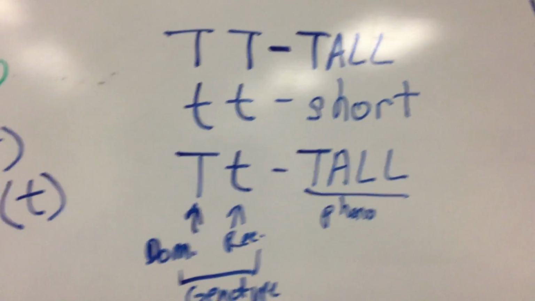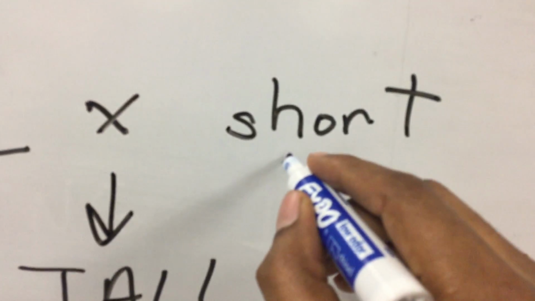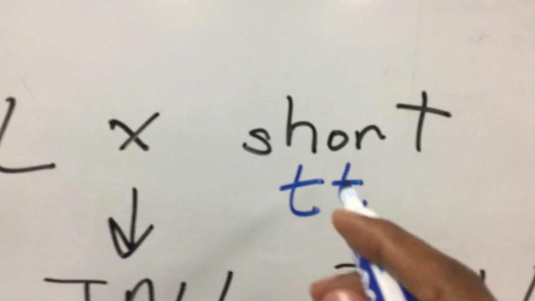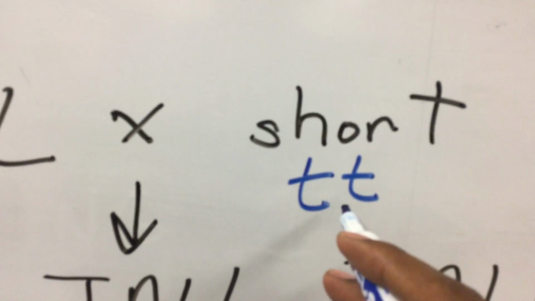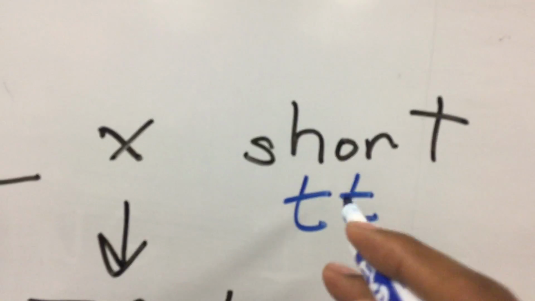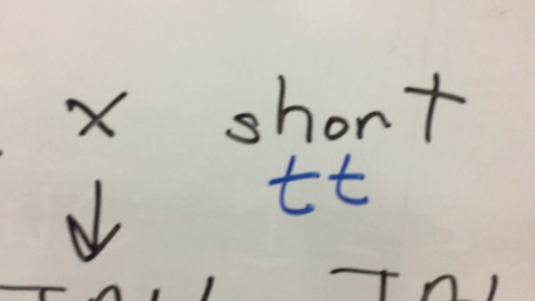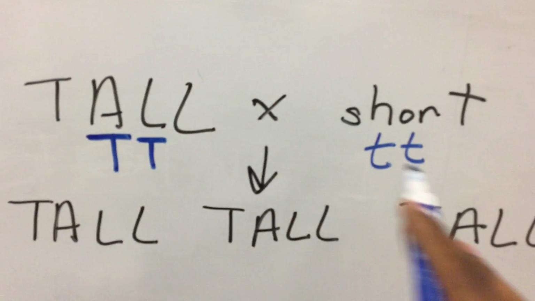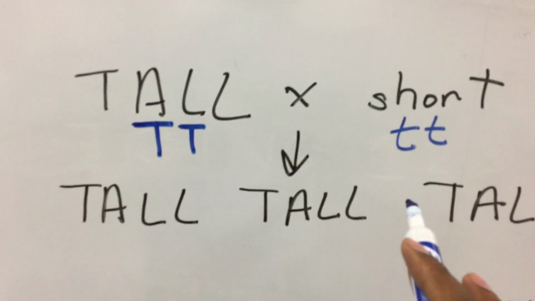There's only one possibility, and that is two short alleles. So two short alleles mean that we would call this what? Homozygous or heterozygous? This would be homozygous recessive. All right? So these two plants were reproduced with each other.